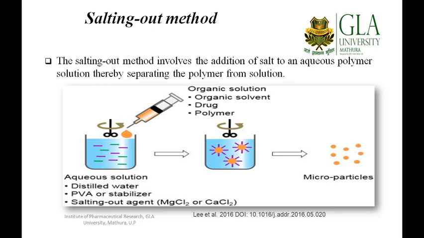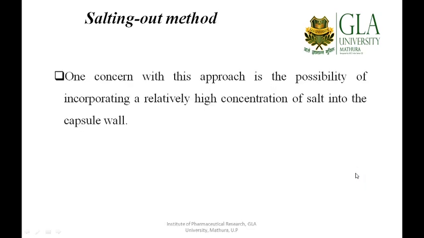Into this aqueous solution we add drop by drop, through a hypodermic needle, the organic solution, which consists of the organic solvent, the drug, and the polymeric system. These are added drop by drop into this regularly agitated system, and after a sufficient time you will get microparticles with controlled size.